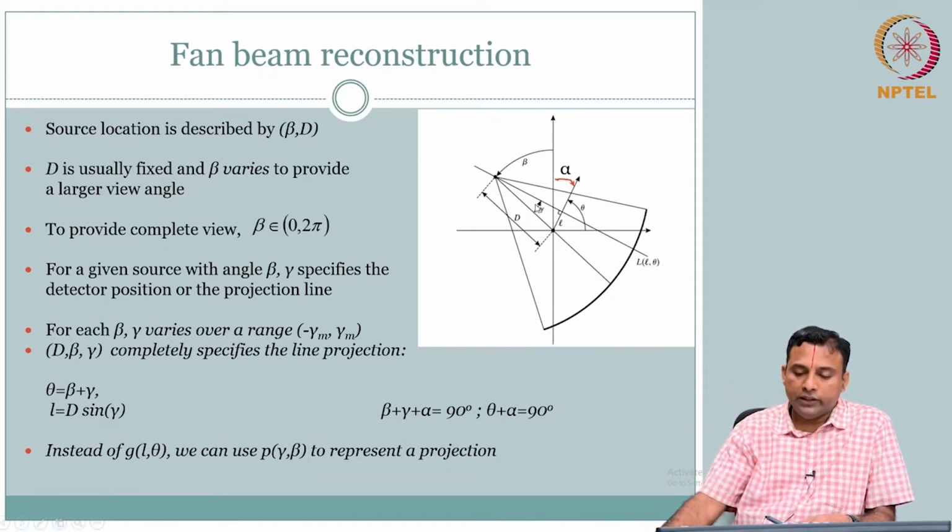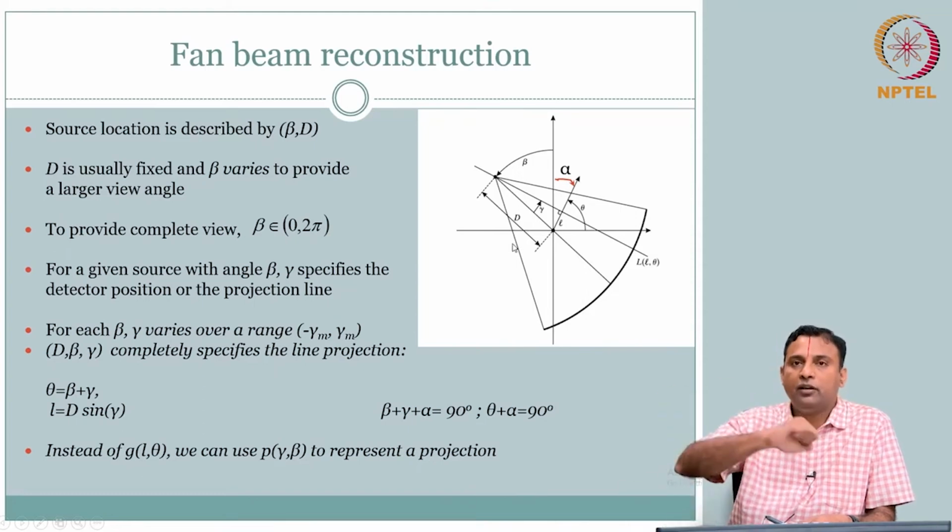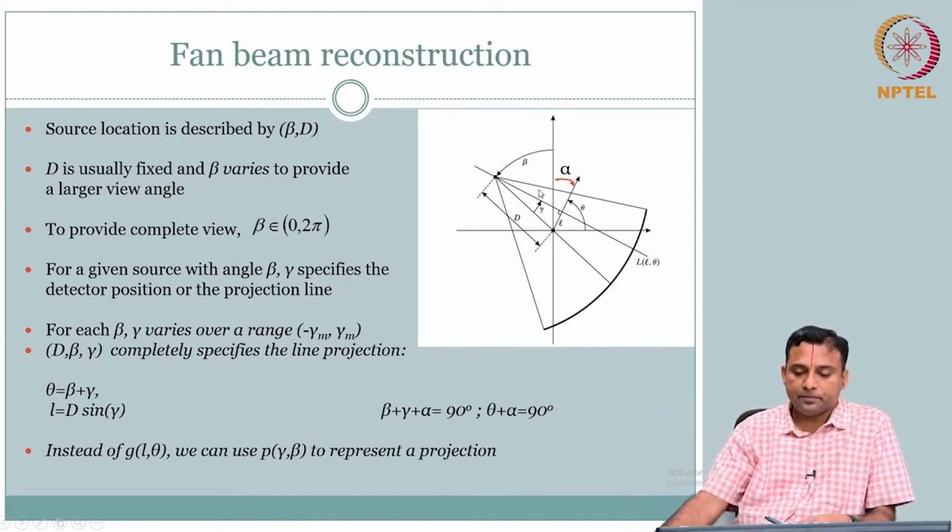Then the gamma is changing over some minus gamma m to plus gamma m, depending on the angles that you are taking. So in some sense your D and beta, which define your source, and for a given source the fan angle of the line, gamma, they completely specify the line projection. If you tell me these three, we know exactly which line we are talking about.